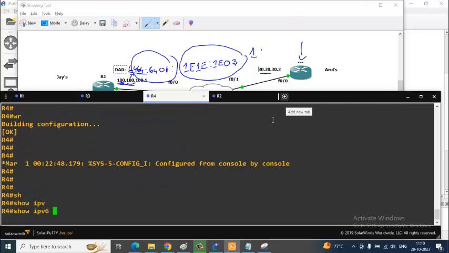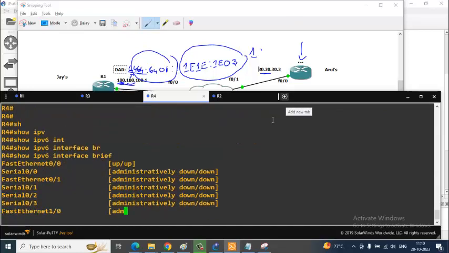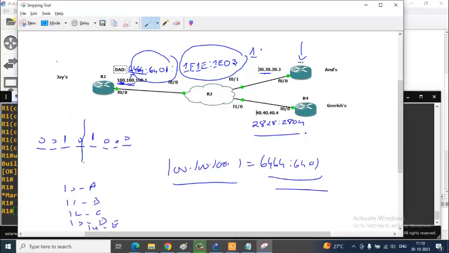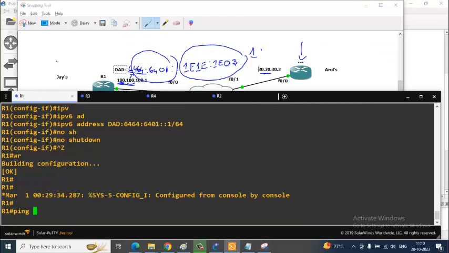Show ipv6 interface brief. You see this is the tunnel interface. I'm going to ping this from R1. And you know very well R2 is in the middle and R2 has no idea about any IPv6. I'm in R1, I'm going to ping this. This is Girish.